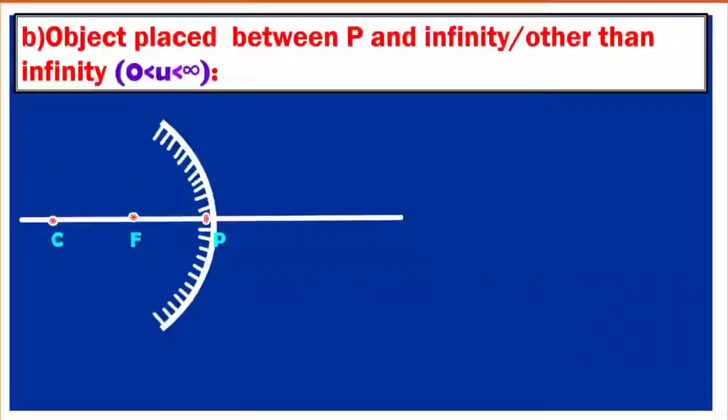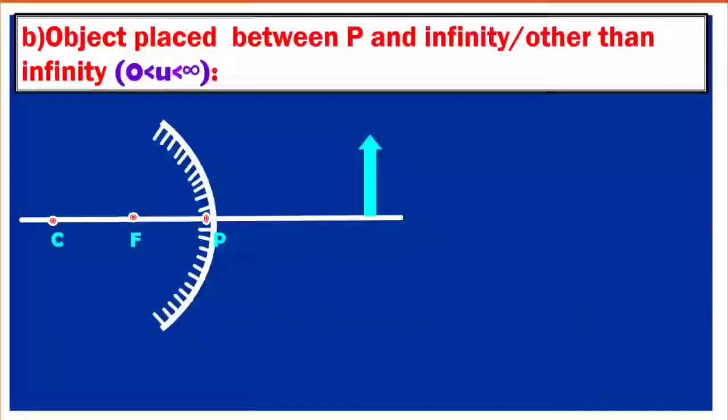Students, remember, for convex mirror, the focal point and center of curvature are towards the polished side's opposite, behind the mirror. If you place the object towards the focal point or center of curvature, we don't get an image. So we place the object towards the front side of the convex mirror.